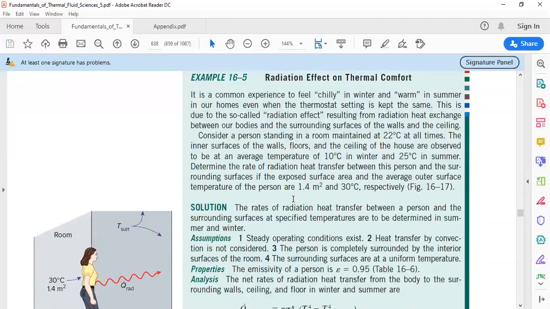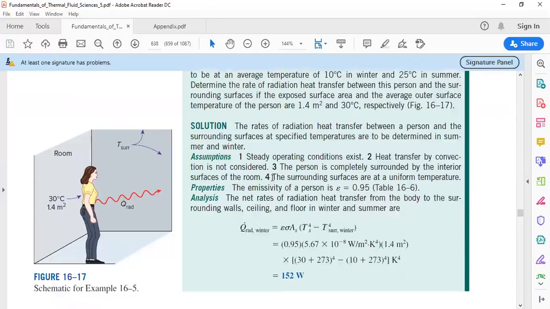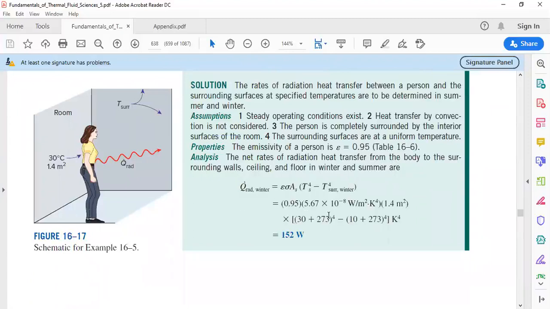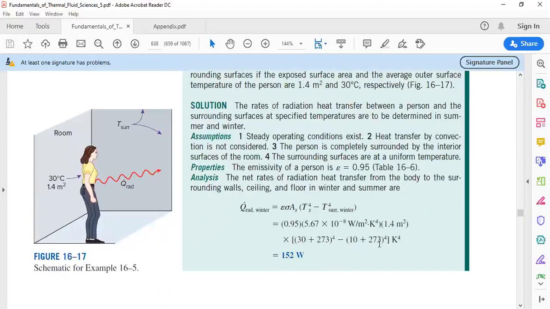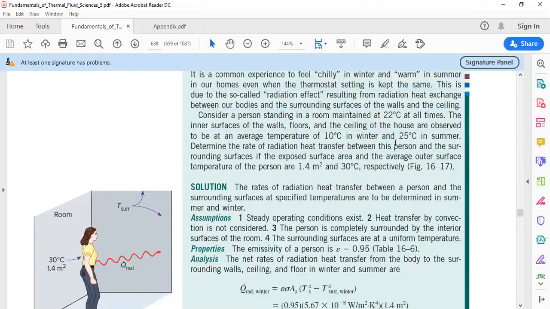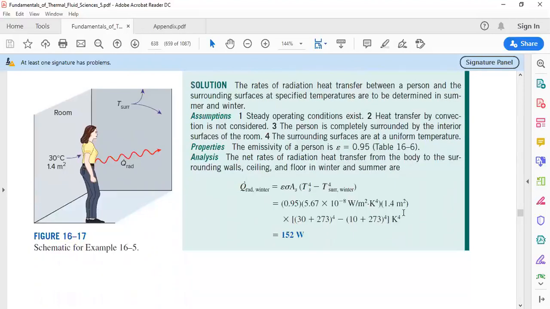The net rate of radiation heat transfer is given through this equation, as we explained in the previous lecture: epsilon times sigma times surface area times (T_s to the power 4 minus T surrounding to the power 4). Everything remains the same except that between the winter and the summer we change the surrounding temperature. In the winter, that's 10, so we need to convert this to Kelvin, so it's plus 273, as shown here. While in the summer, it's 25 plus 273.